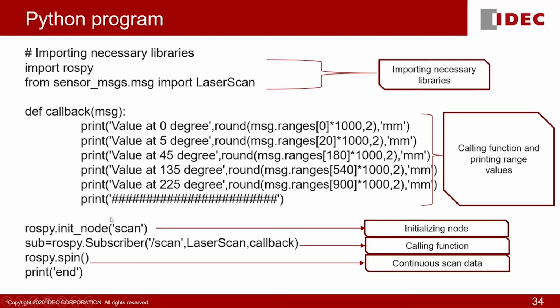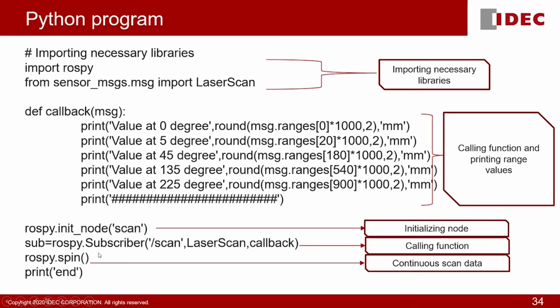Then I have taken a few readings over here, then initializing of the topic, and there is a specific library function which I need to target, that is subscriber. In that there are a few attributes which we need to fill: the topic, the LaserScan library, and the callback function which we have mentioned here.